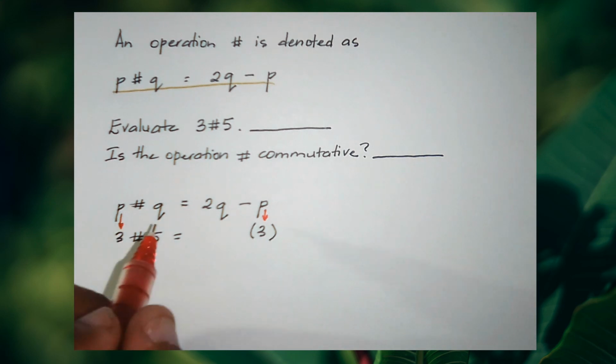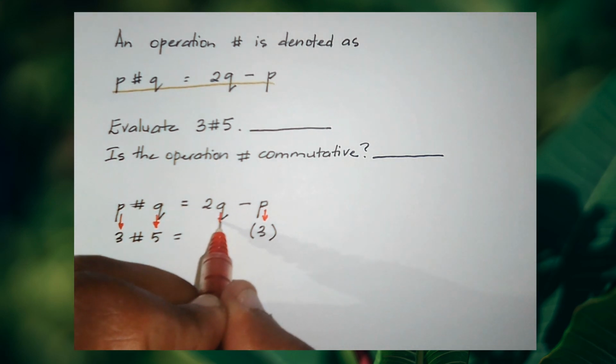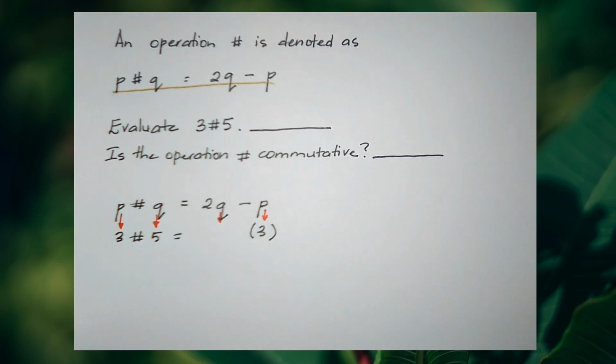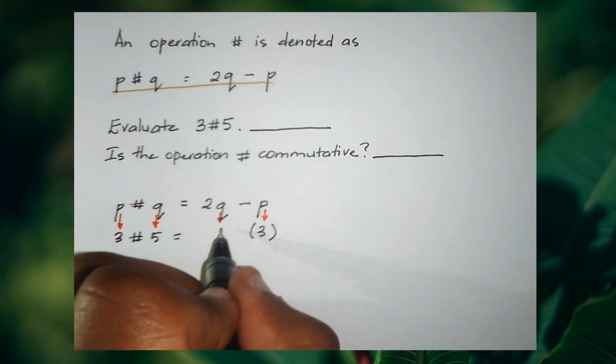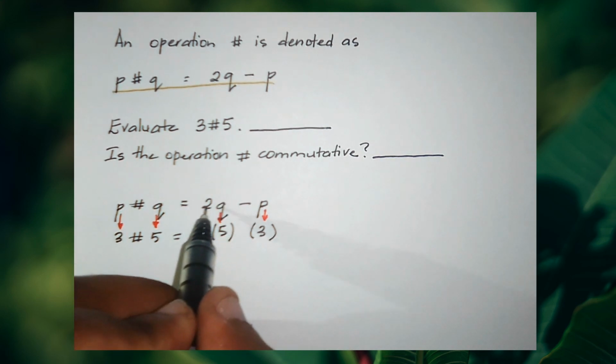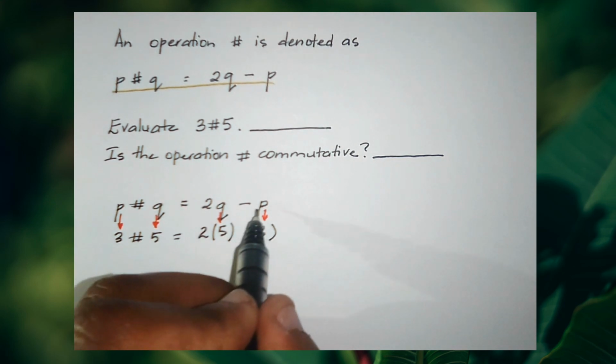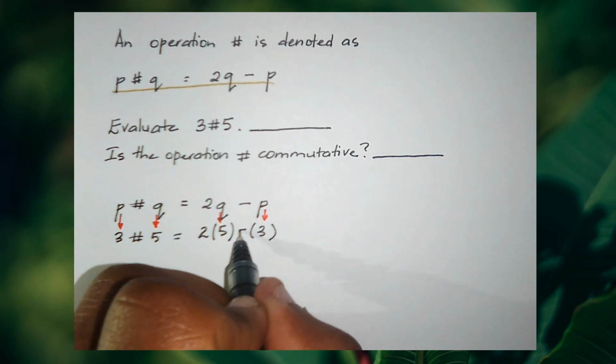And the value of Q is going to be 5. So wherever I say Q, I'm going to put 5. There was a 2 in front of this Q, so I'm putting it back. And there was a minus in front of this P, so I'm putting it back.